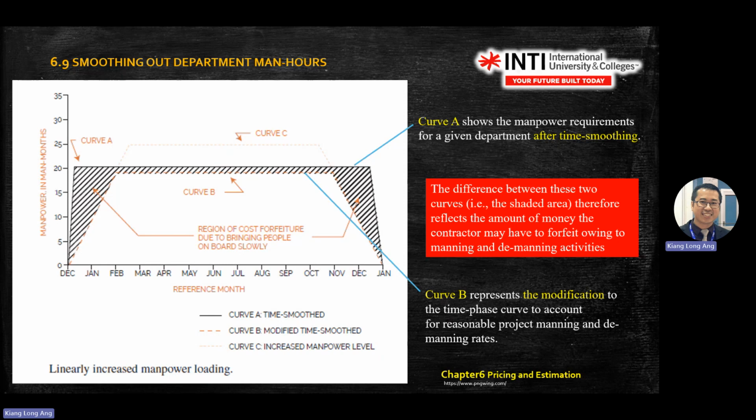The difference between these two curves will reflect the amount of money that you can save, or that the contractor has to forfeit, owing to manning and demanning activities. Means there is a cost plus or minus here. Okay, cost minus here.